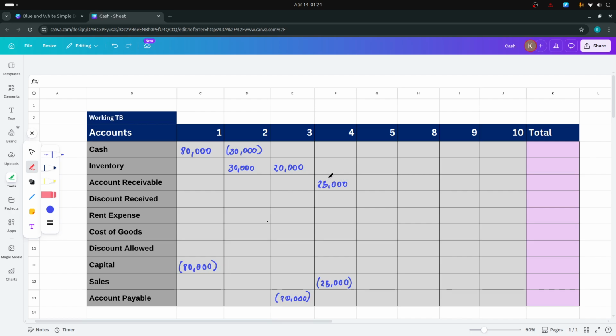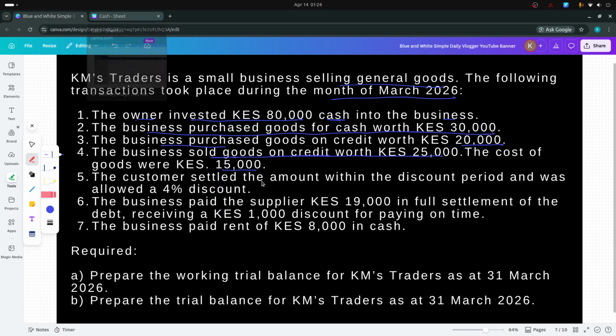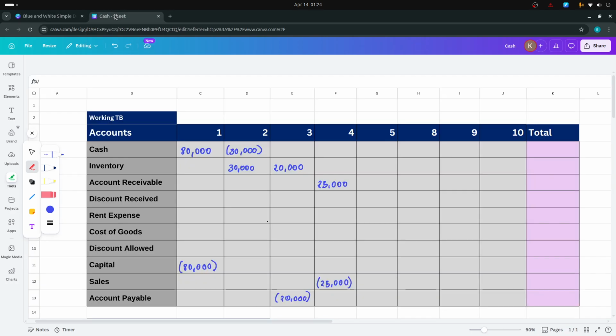Okay, so the other thing you need to notice, once you do a sale, is you need to recognize the cost of goods. And we are being told our cost of goods is 15,000. Okay, so you need to recognize that expense. Cost of goods is basically an expense of those goods that you have sold.